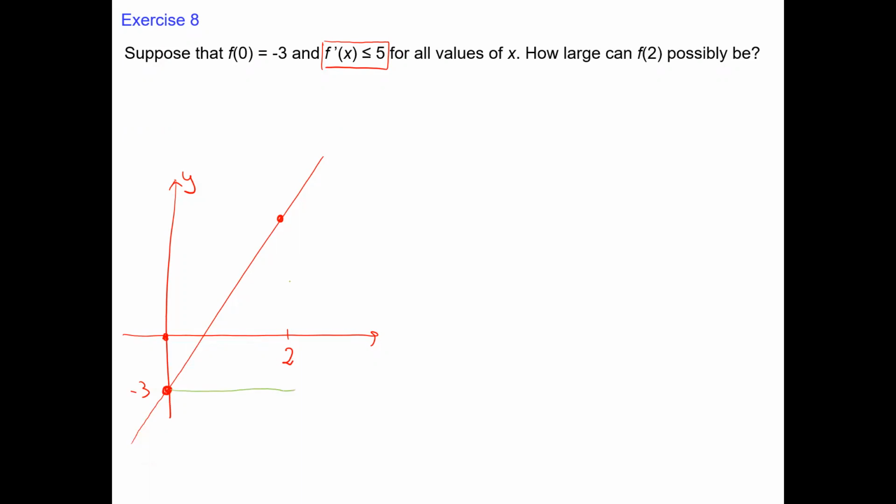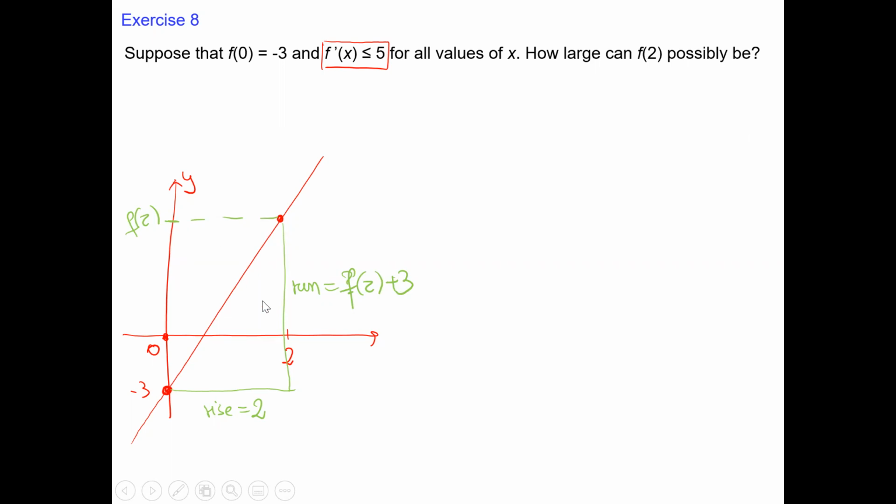We may define this as a rise, which is just 2 units, because it's from 0 to 2, and the run we don't know, because we don't know f of 2. But the run is basically f of 2 minus -3, that whole distance: 3 units and f of 2. We have to just add 3 units.